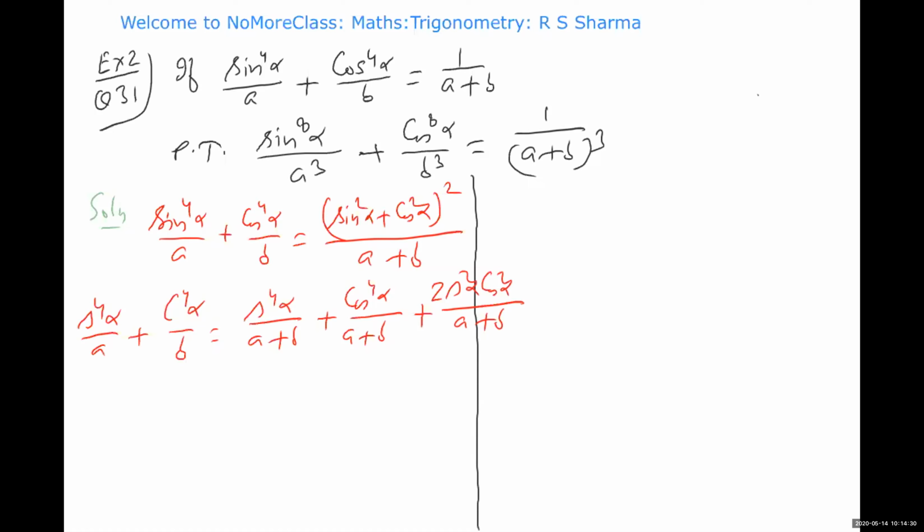Now, take this term this side. So we will get sine 4 alpha upon A minus, no, this will not be like this.